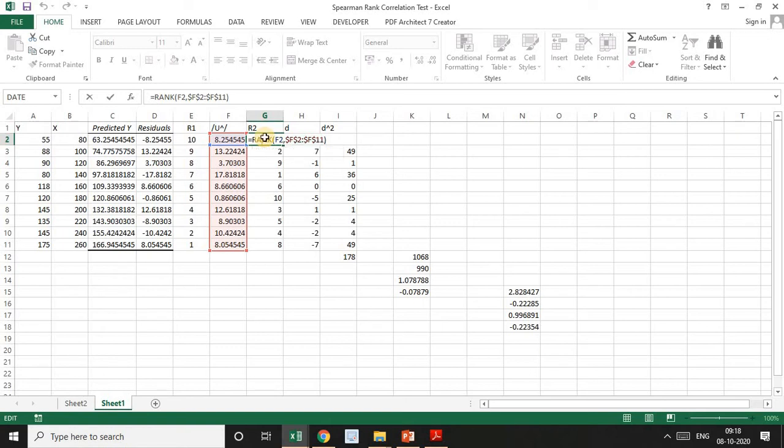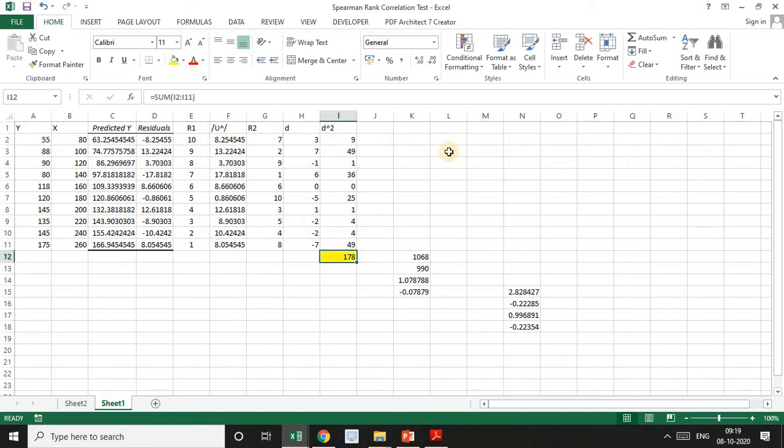Then Excel will automatically rank the values. Then you take the difference of R1 and R2: 10 minus 7, 3. 9 minus 2, 7. Then you take the d square and the sum of the d square.